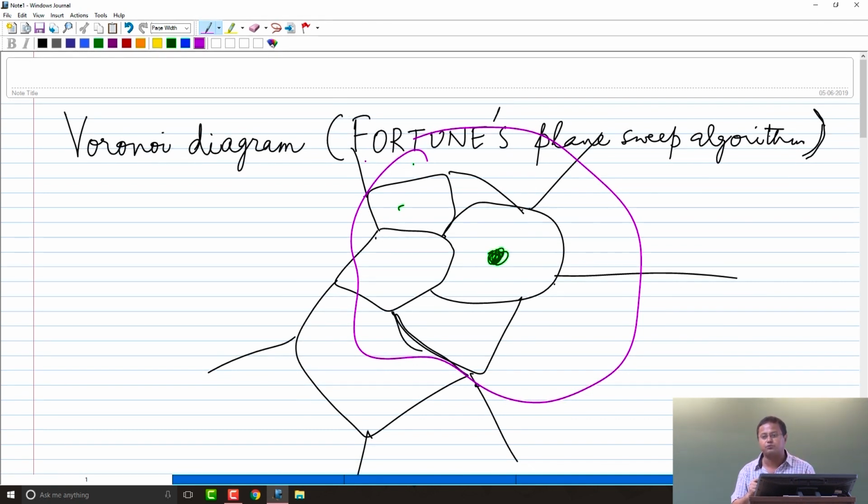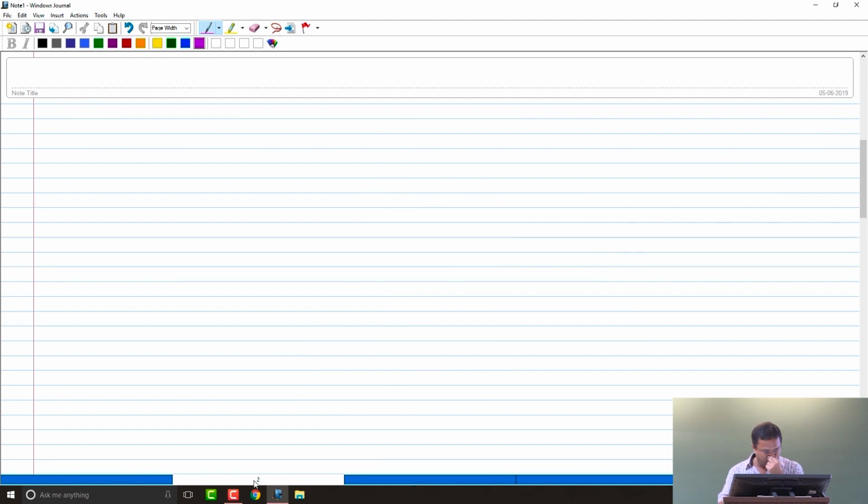So, you can also deduce something like that for incremental construction for Voronoi diagram and Delaunay triangulation, right. But again that is worst case n square, but in expectation it can run in n log n time. So, that implementation is also available widely. But let us come back and discuss a little bit on Fortune's plane sweep that we left yesterday.